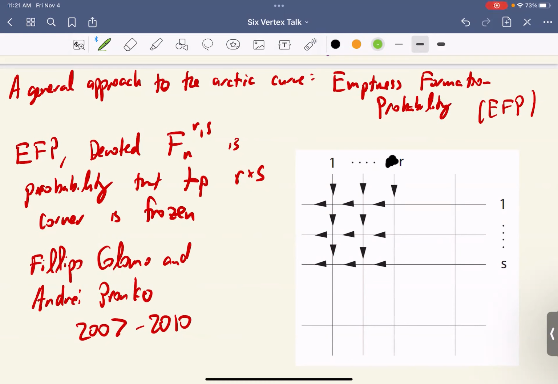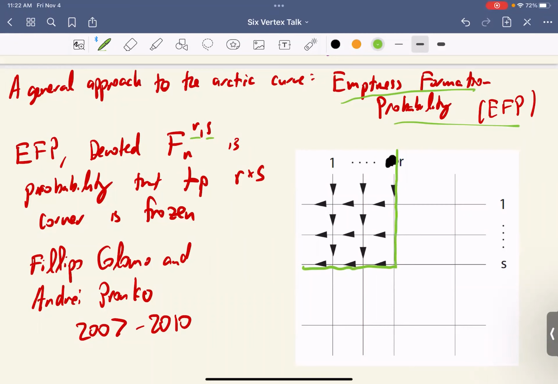In physics literature, there's more results. So there's a couple of different approaches. One approach is to study what's called the emptiness formation probability, which is a probability depending on two parameters, R and S. It just asks, what's the probability that the top R by S corner of the configuration is frozen?